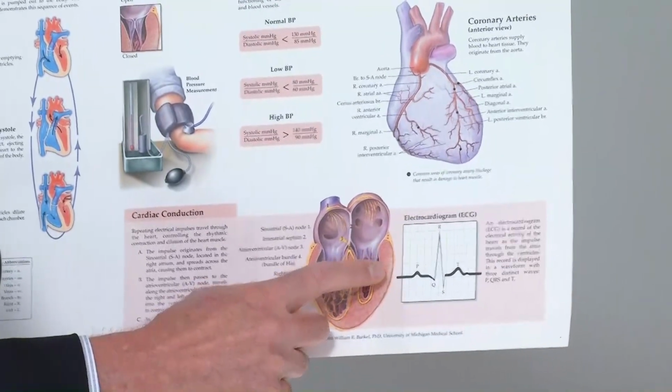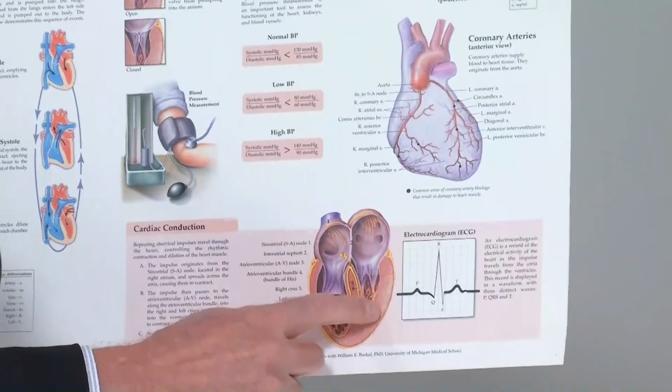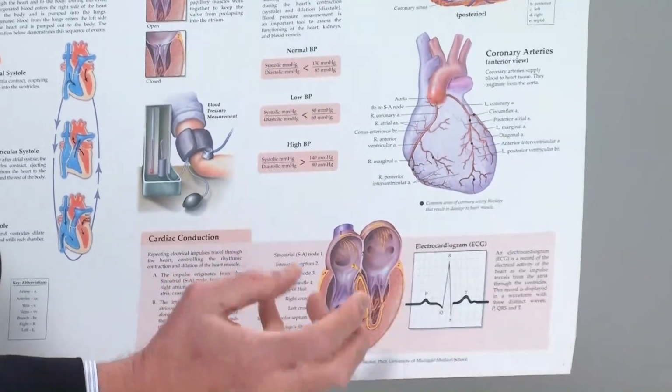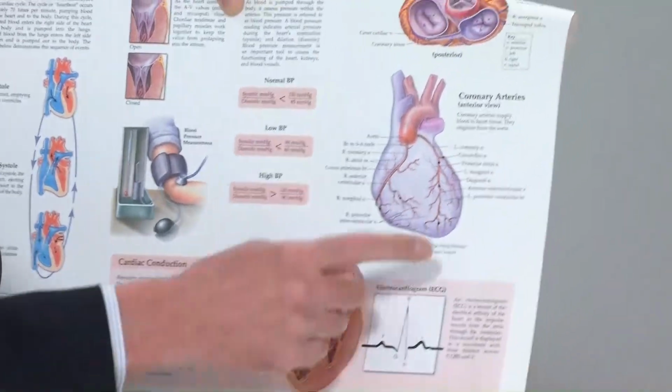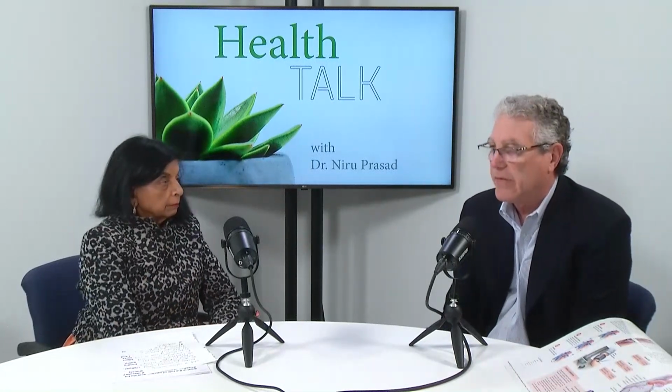The left anterior descending artery supplies the left ventricle, which is the big muscle of the heart that does all the work when the heart contracts. So it's really important to keep these arteries open, and it's not always easy to find problems preventively. Now we have a way to do that with calcium scoring.